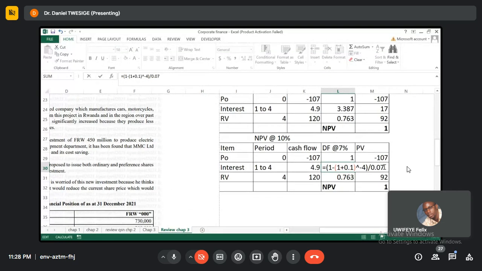How come I'm getting 2? Excel, this is okay. This is 2. Why is it giving me 1?